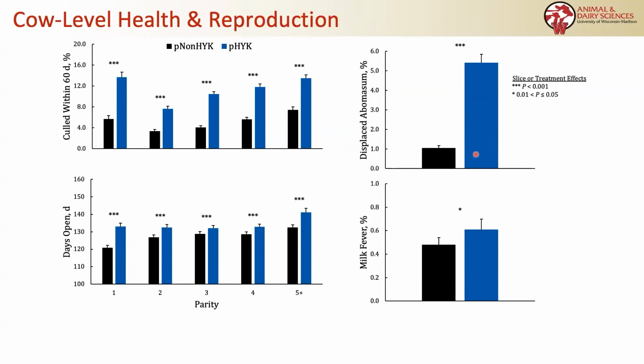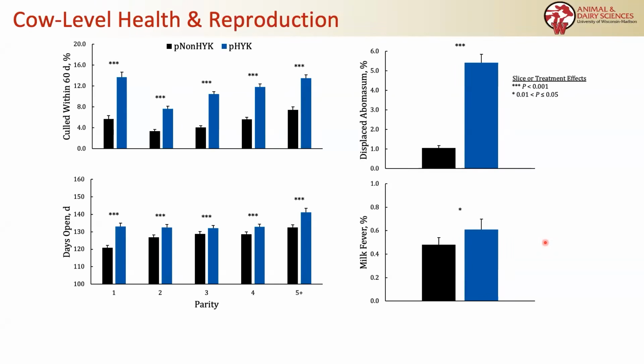On the right, if we think about the illnesses, there was an increase in displaced abomasum. These are farm reported. So increase in displaced abomasum, an increase in milk fever in cows predicted to have hyperketonemia. So all three of these together certainly seem to have contributed to an overall increase in culling rate.